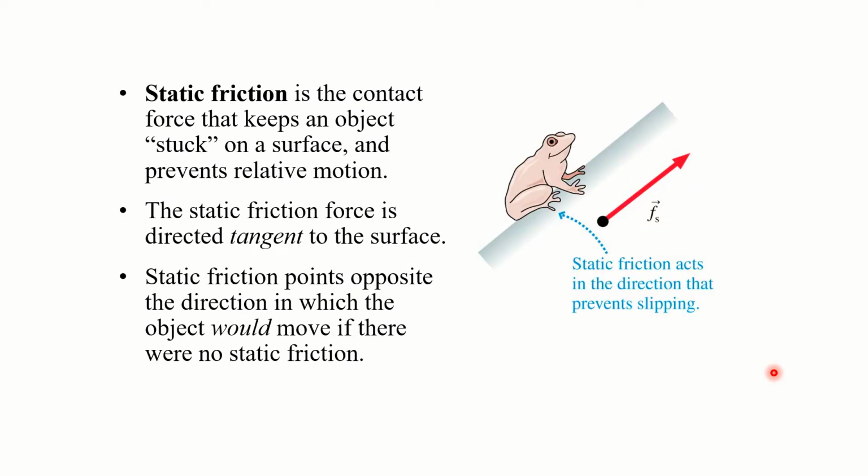Static friction, on the other hand, is when the two surfaces are not moving relative to each other. And essentially, that static friction wants to keep those surfaces from sliding. And this can get very confusing, as we'll see, in what that means in terms of direction. So the static friction is going to be in the direction that prevents that object from sliding, which can be very different for similar looking situations.